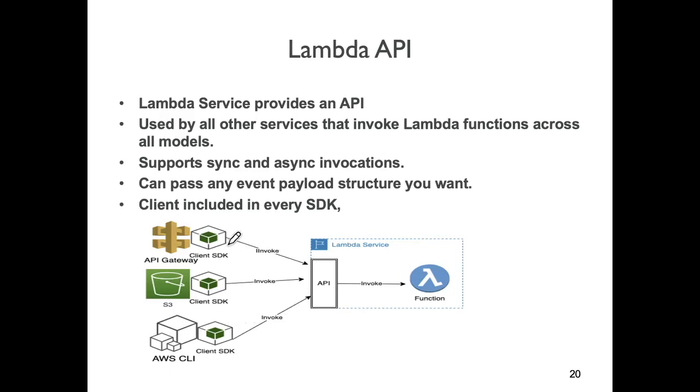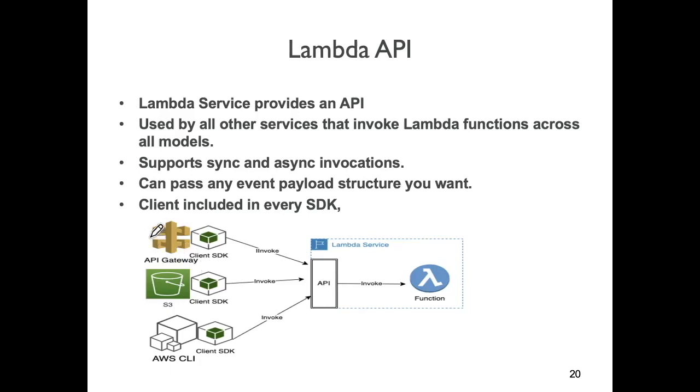And the same applies for any other service that will want to talk to a Lambda. So our S3 bucket case, it's using the API provided by the Lambda service as well. Now, this API, essentially it's just a HTTP interface, although strictly speaking, it's a HTTPS interface. So these are all kind of network calls that are being made here.